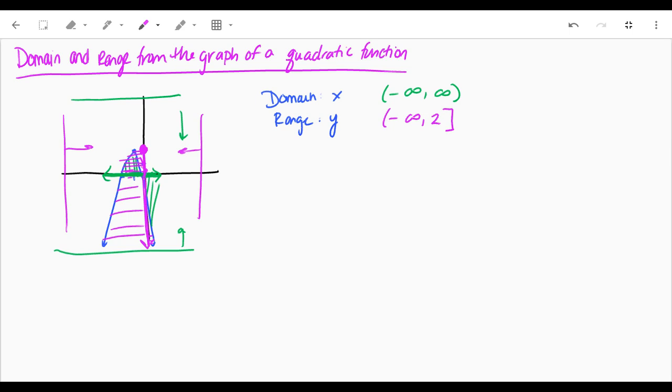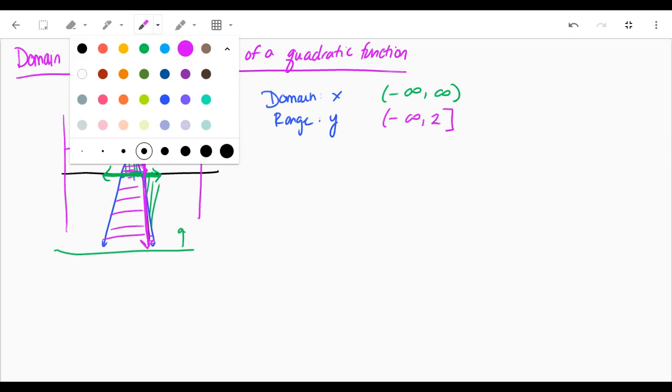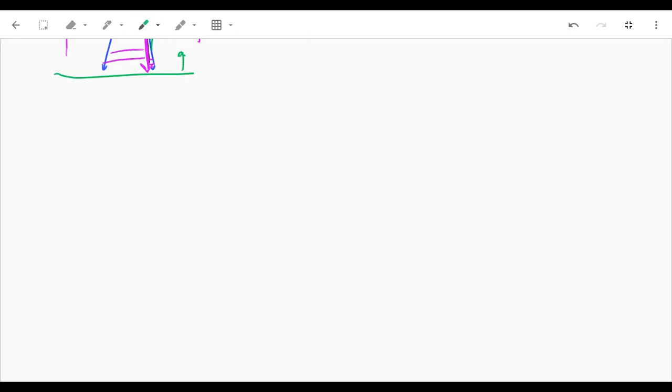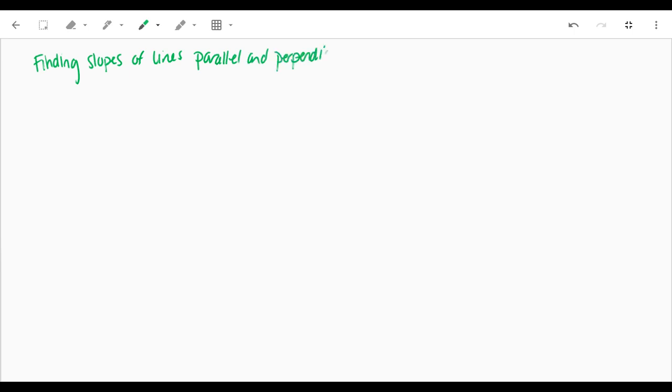Next one, we have finding slopes of lines parallel and perpendicular to a line given in slope-intercept form.